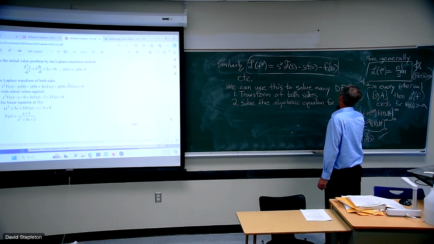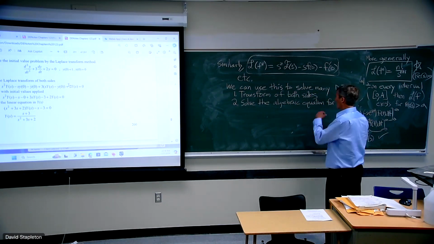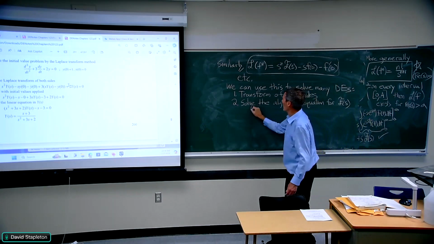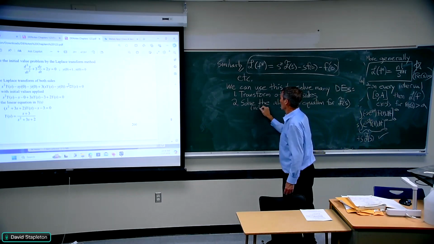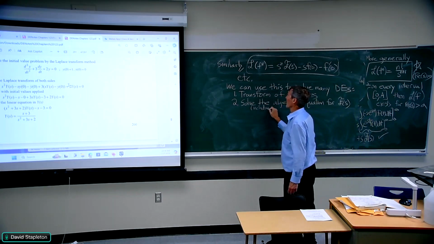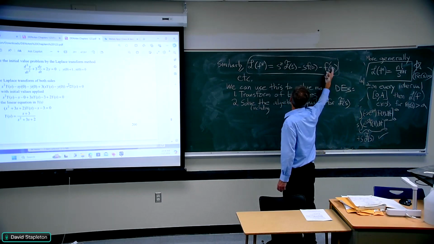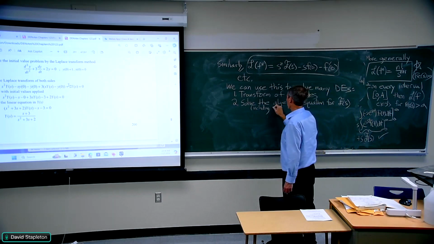Solve for f of s, the transform of the solution, including putting in initial values. You use the initial values to plug in f of 0 and f prime of 0.